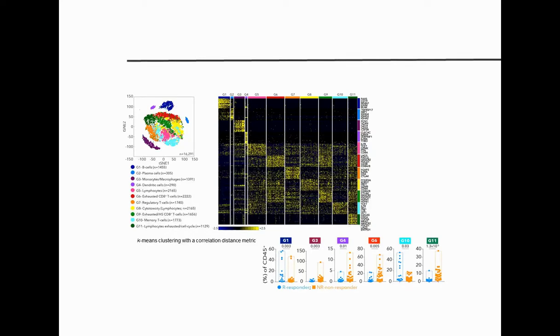The 2 myeloid clusters were significantly enriched in the non-responders. And 3 clusters were mostly composed of CD8 T-cells: one of them, reflecting a memory phenotype, was mostly enriched in the responders, and 2 clusters associated with T-cell exhaustion and dysfunctional phenotypes were enriched in the non-responder tumors.